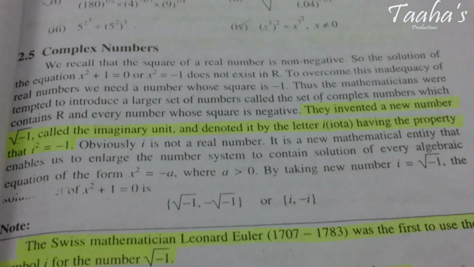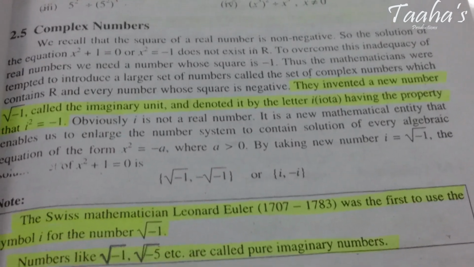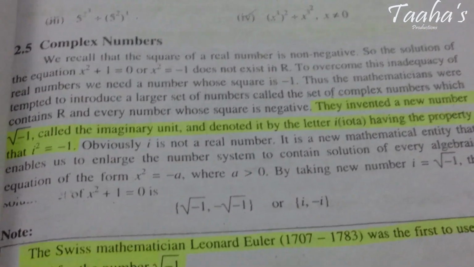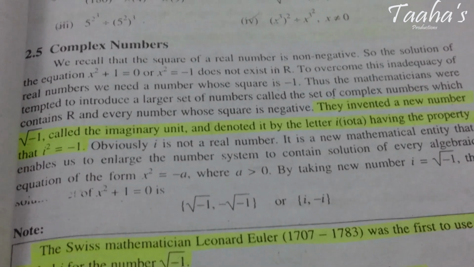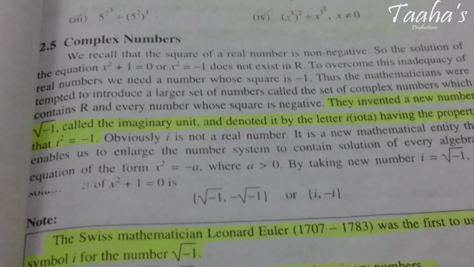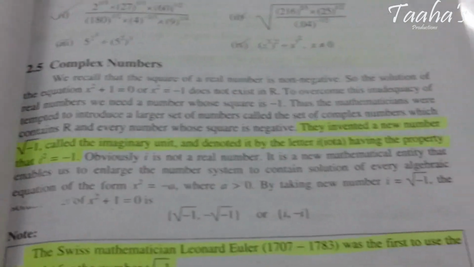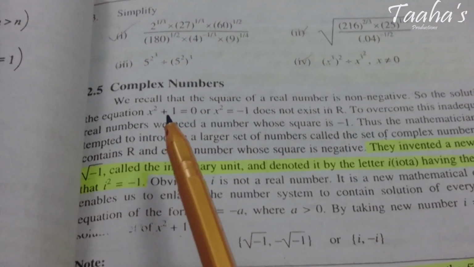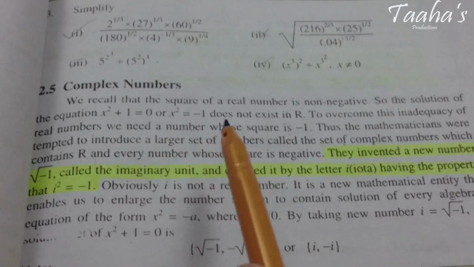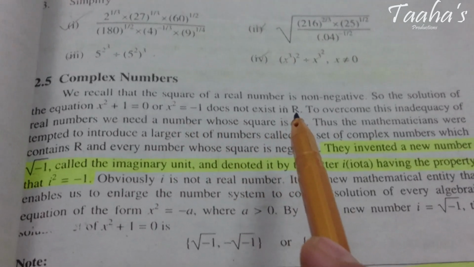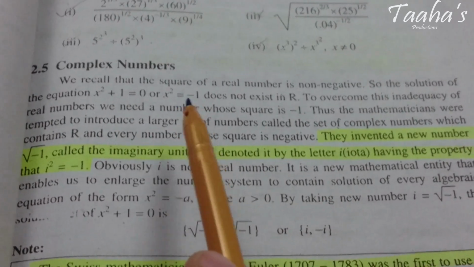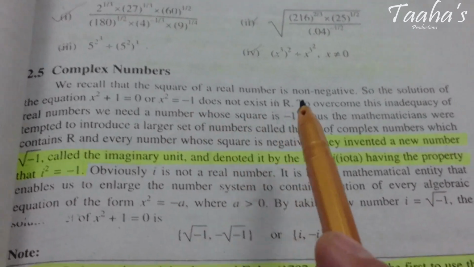Okay, now I am reading from the book, you all should be with me. We recall the square of a real number is non-negative, so the solution of the equation x square equals minus 1 does not exist in R. Again girls, you see this negative sign, when they take the square root, its solution does not exist.